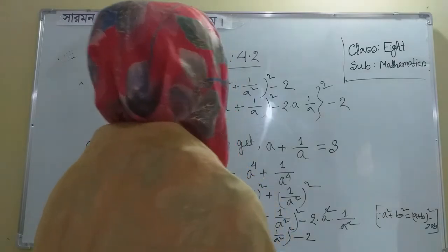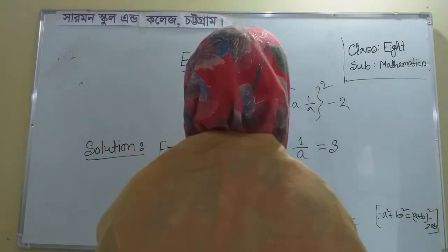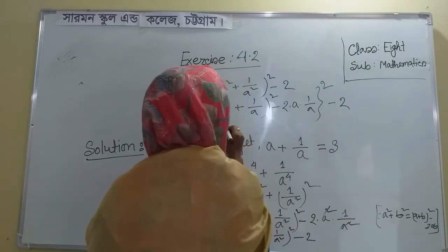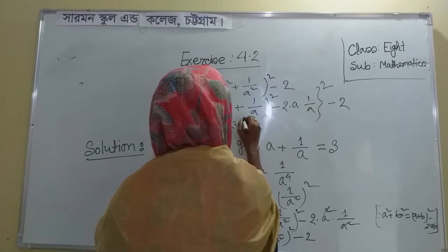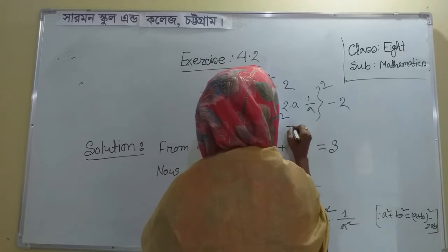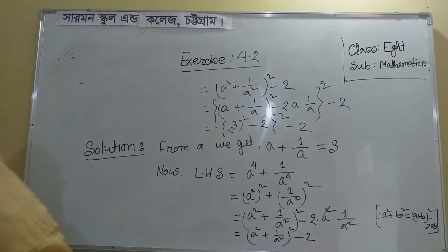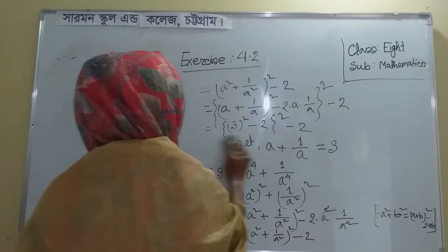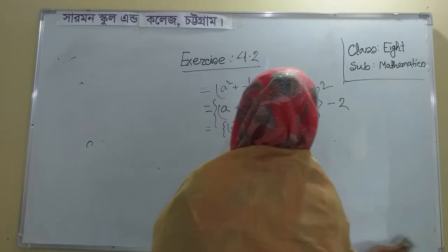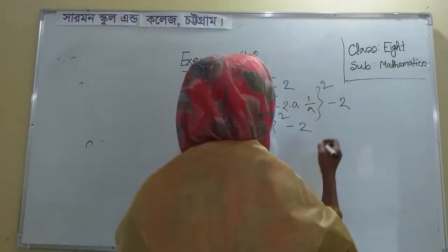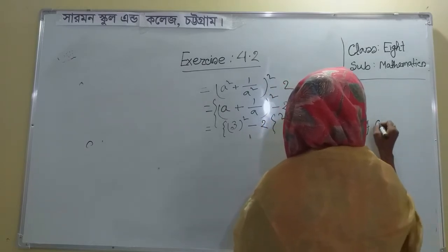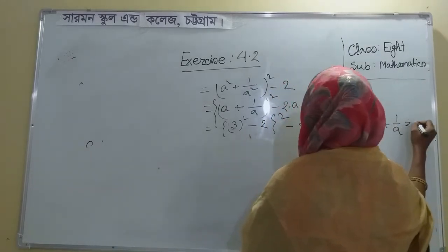We again apply the formula a square plus b square equal to a plus b whole square minus 2ab. Putting a plus 1 by a equal 3.